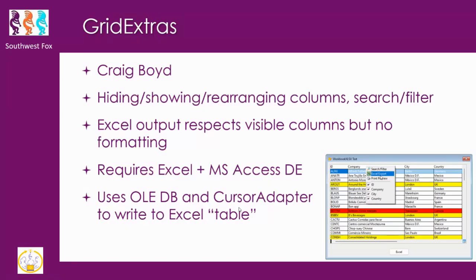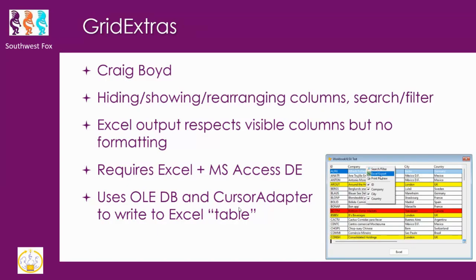Now, this mechanism does require that Excel be installed on the machine in order to create the file, and it has one other requirement. You have to have the Microsoft Access Data Engine installed, which is not installed by default on somebody's machine. So you'd actually have to either download it from the Microsoft website and install it, or include it as part of your application's installer in order to be able to use this to output to Excel.